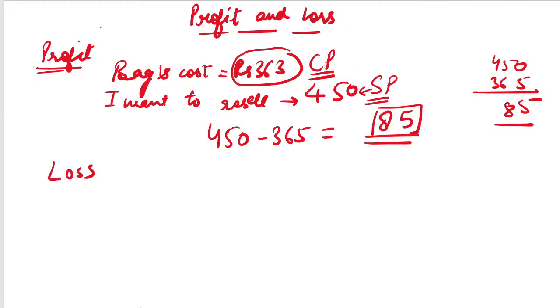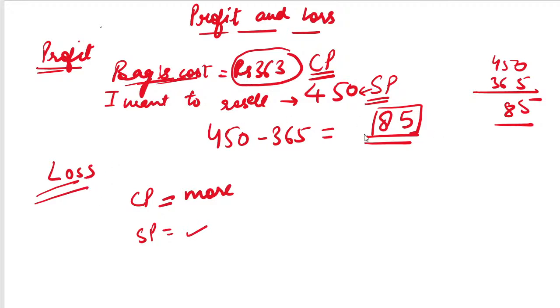If I say about loss, what is loss? Loss means when the cost price, that means the amount in which you have purchased the bag, is more than the selling price, then in that case this is known as loss.